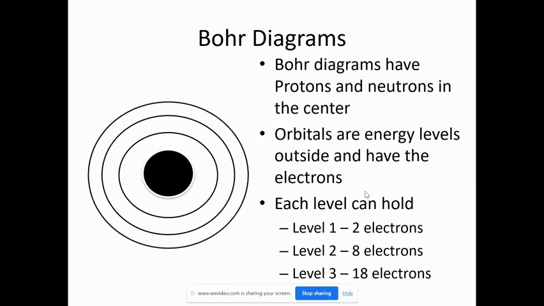And each energy level can hold a maximum number of electrons. So the first energy level only holds two, the second energy level holds 8, and the third energy level holds 18. Now, there are more energy levels, but we're going to focus for what we're doing on just these first three for the most part. There may be a fourth once in a while, but not very often.